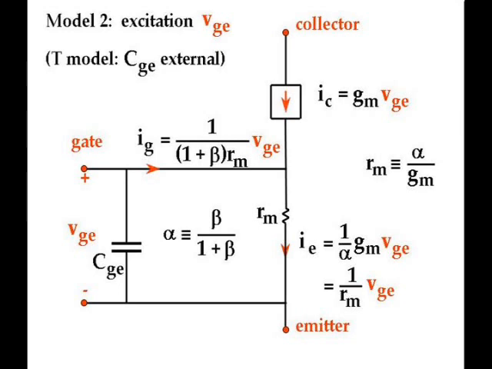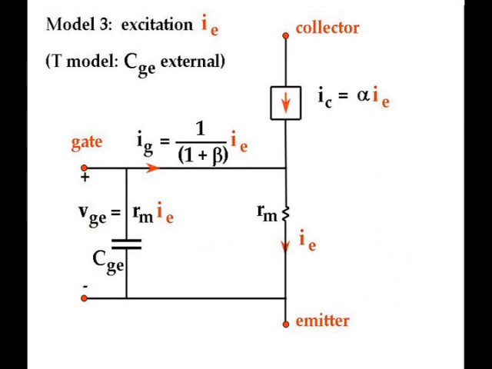And now the VGE is still the controlling voltage, but I can choose the emitter current to be the controlling signal. And the collector current is alpha times IE, where alpha is almost 1.